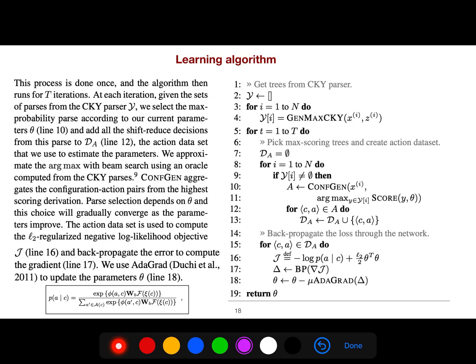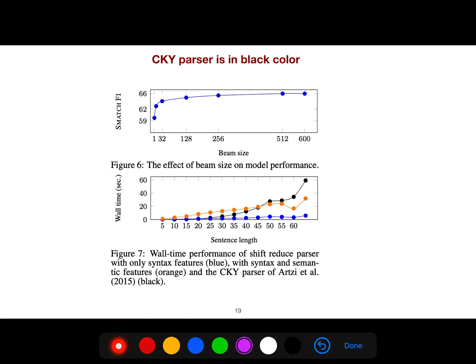And this part comes from the f of action, but this part is using that multi-layer perceptron acting on those things from stack and buffer and action history. So you see the blue one, what is the blue one?